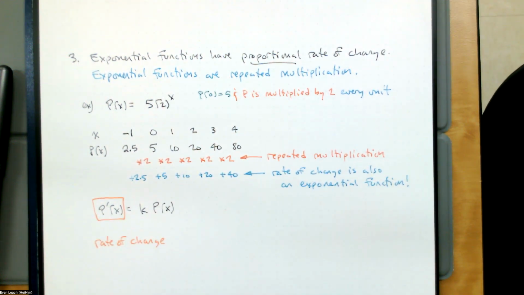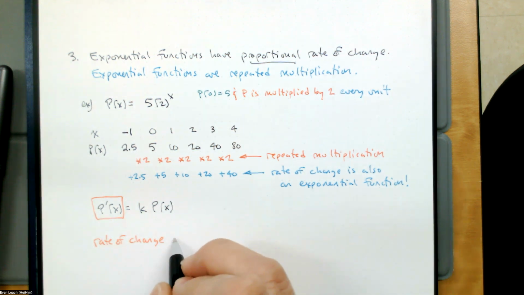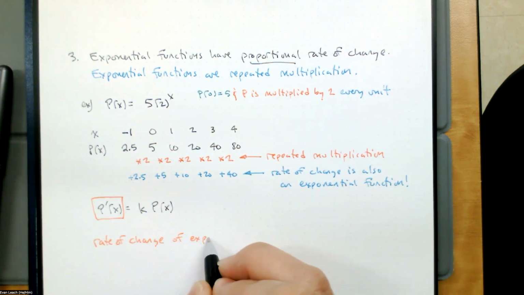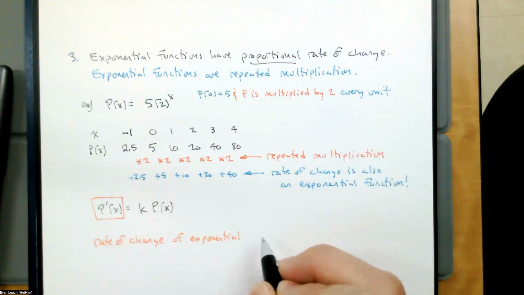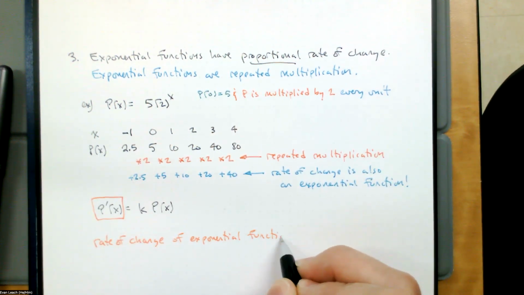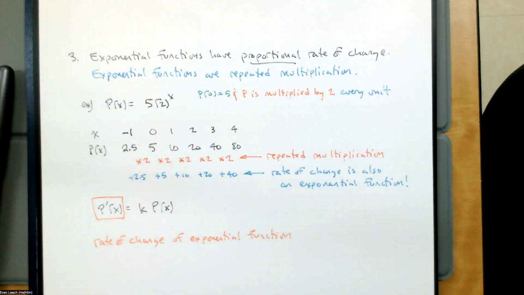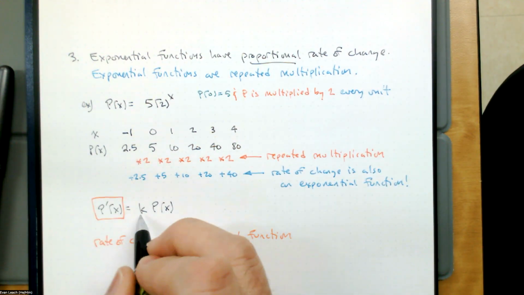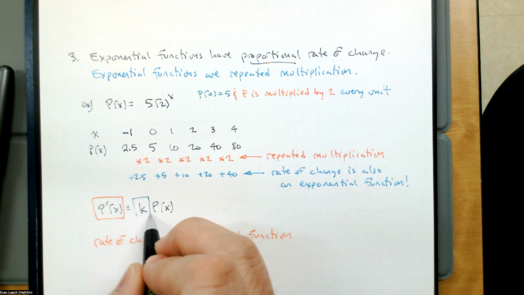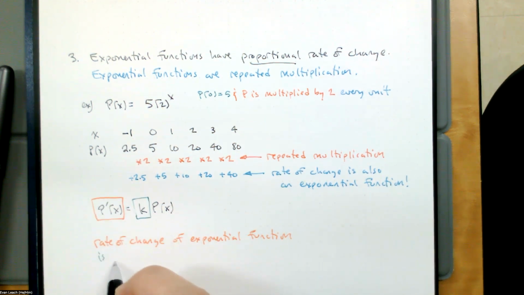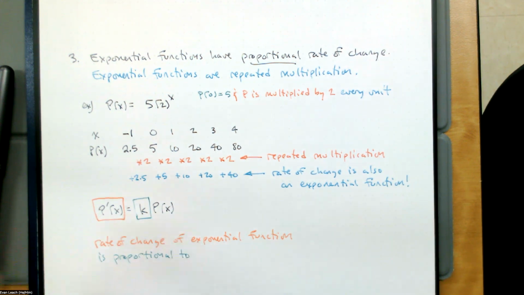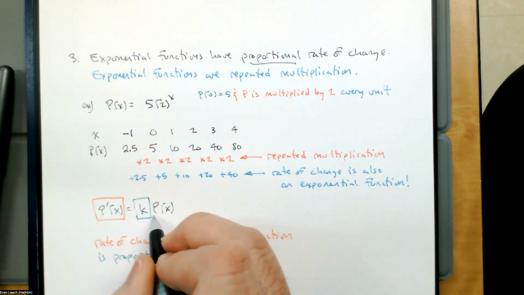I wrote the derivative of this exponential function. The rate of change, that's another word for derivative. The rate of change of this exponential function is proportional to the function.